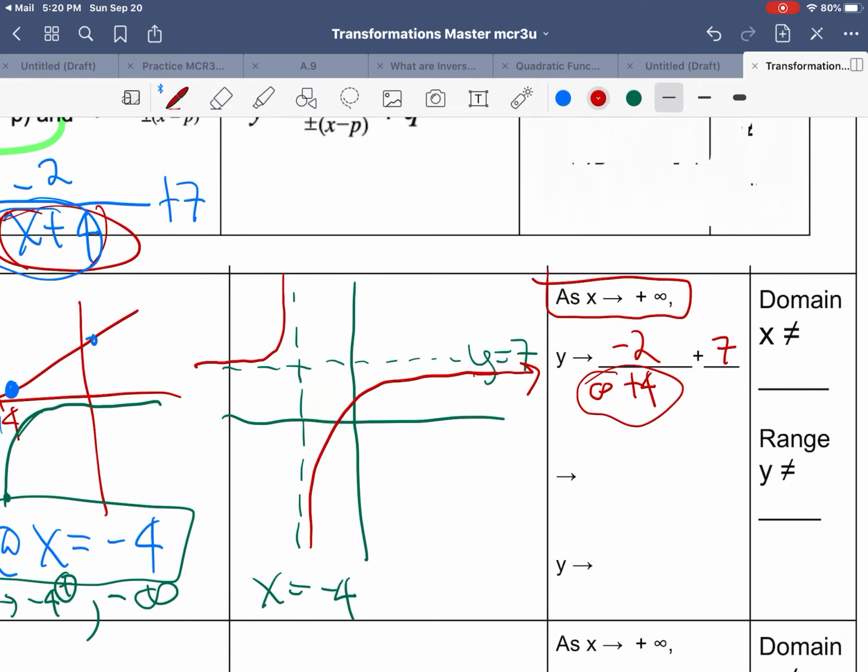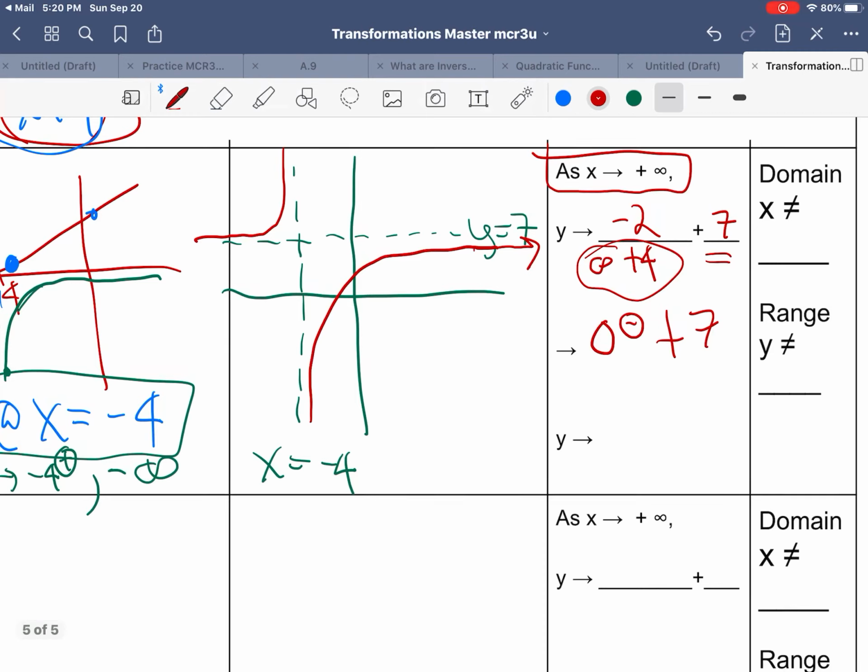So if you take negative 2 and divide by 1,000,000,004, that's going to be an extremely small number, and it will in fact be negative. So we're going to be 0 on the negative side plus this 7. Where does that leave me? Just above 7 or just below 7? Just below 7. So that's going to be 7 on the negative side.